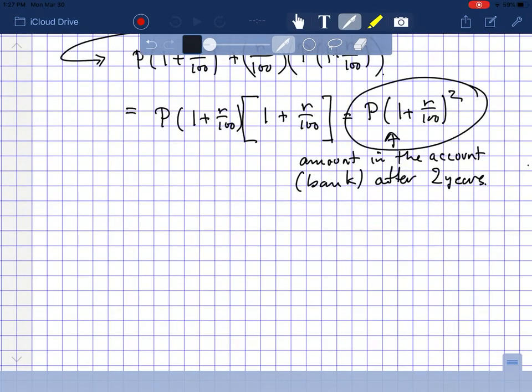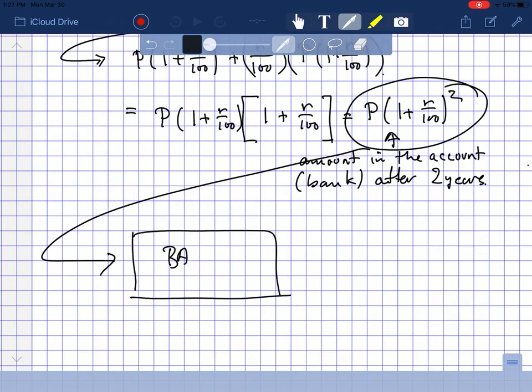Let's take this money and let's put it back into the bank. And let's look at how much we're going to have at the end of 3 years. So at the end of 3 years, we're going to have the following.